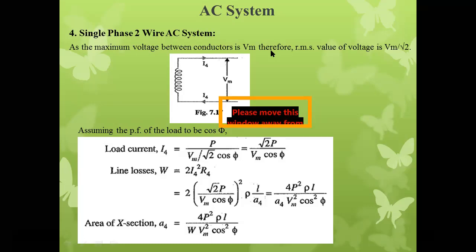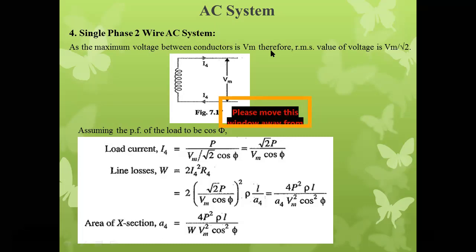So the maximum voltage between the conductors should be converted into an RMS value. So I4 is equal to P divided by Vm by root 2 into cos phi. Finally we can write: root 2 into P divided by Vm into cos phi.